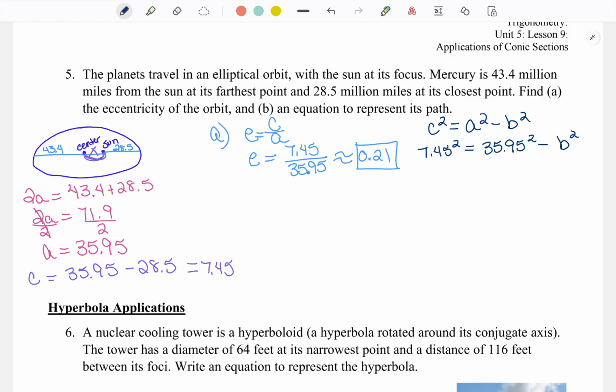So we have 7.45 squared, and that gives us 55.525, equals 35.95 squared, and that is 1292.4025 minus B squared. So we are going to subtract those values. And that gives us 1236.9 equals B squared. So we're going to take the square root.